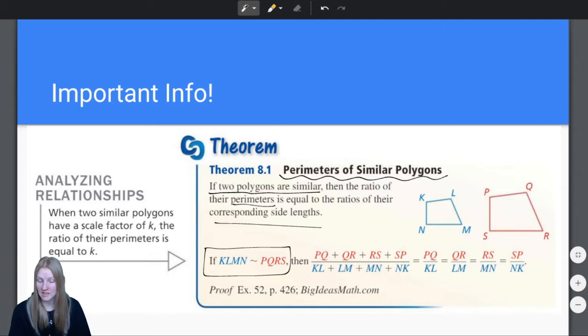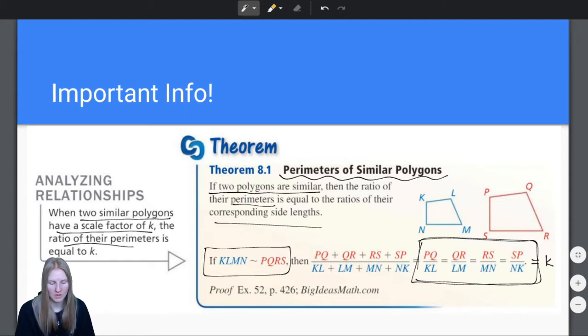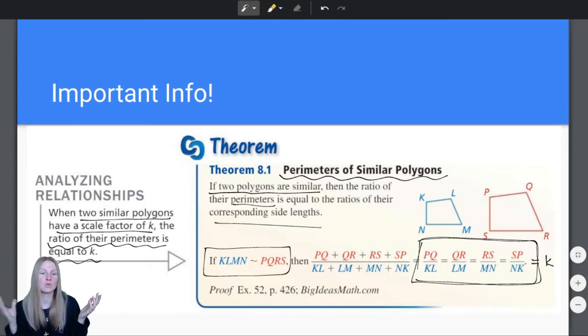So remember that each of the side lengths, if we just look at this box I just drew, we have the ratios of all of the side lengths in this box. That's equal to the scale factor. So another way that you can say this is when two similar polygons have a scale factor of, let's call it k, that's what we call the scale factor, the ratio of their perimeters is equal to k.